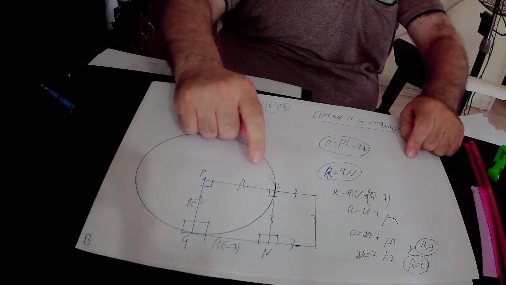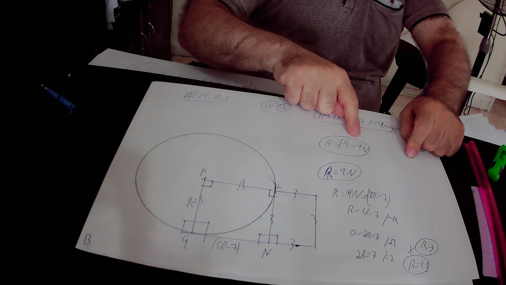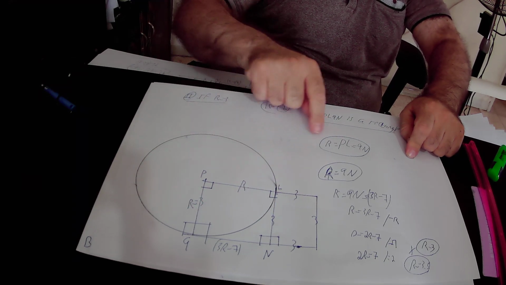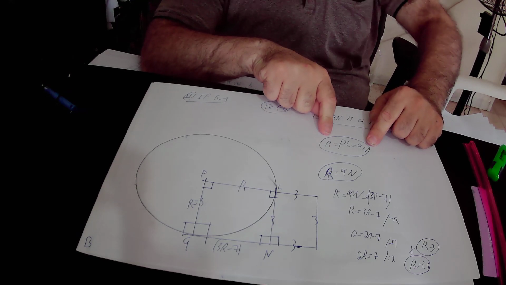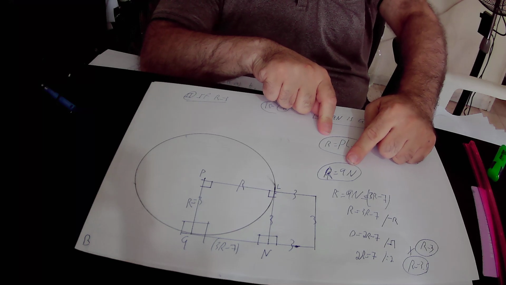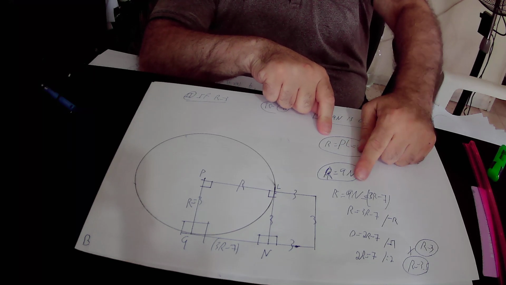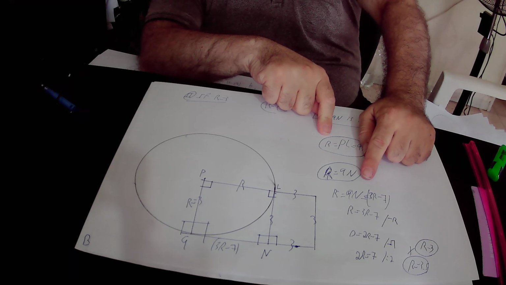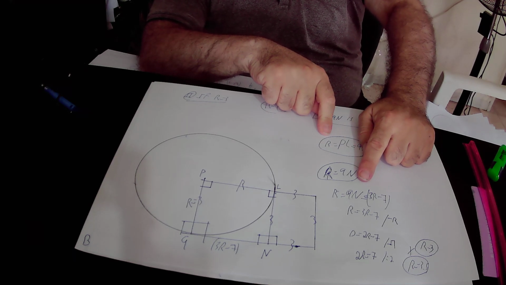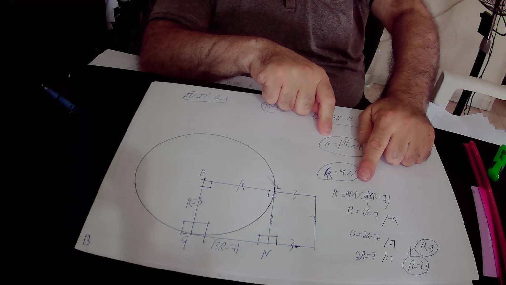That is to say, PL equals to QN, but PL equals to R, and from this equation, R equals to PL equals to NQ, we derive that R equals to NQ. From one side, QN equals to R, from the other side, QN equals to 3R minus 7.